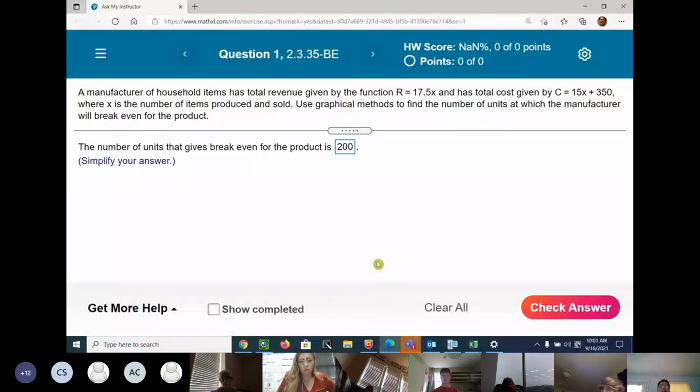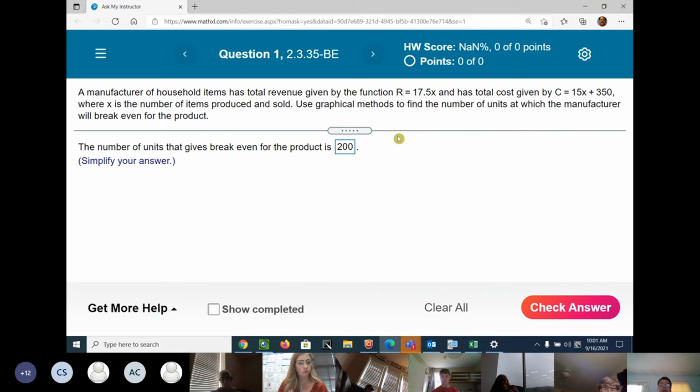A manufacturer of household items has total revenue given by the function R is equal to 17.5x. I'm writing this down. And has a total cost of 15x plus 350.